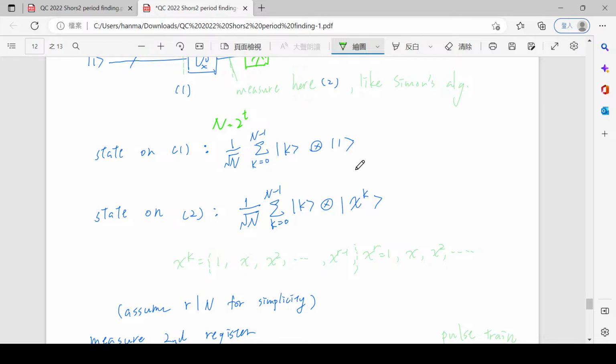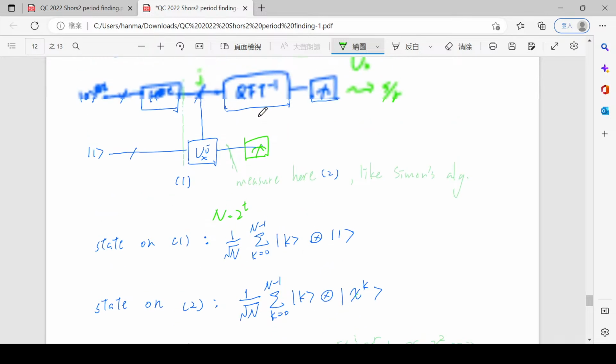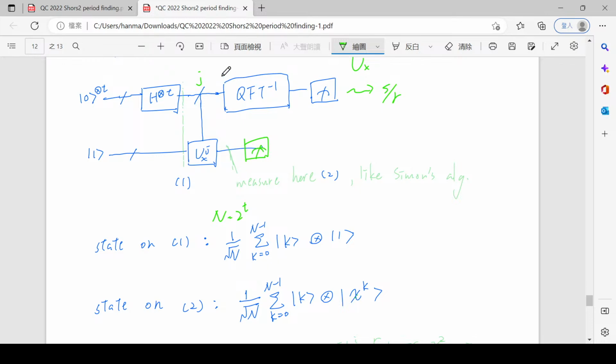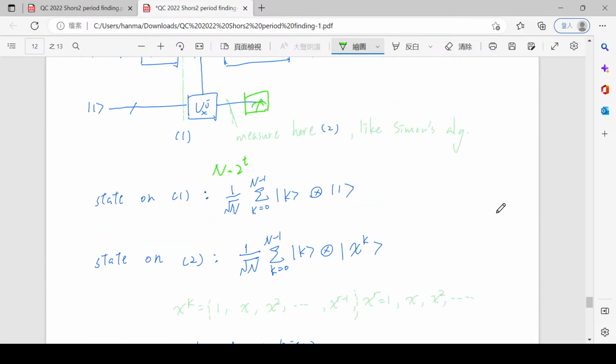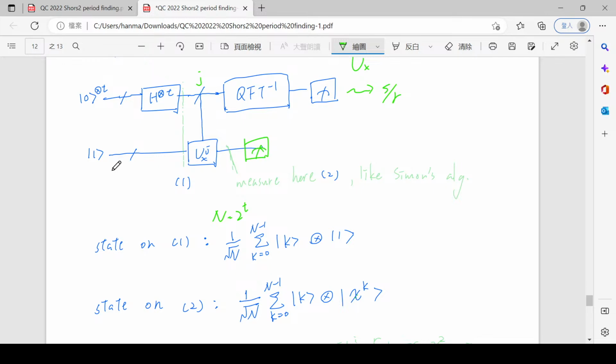Because that's what this unitary does, multiplying something with x. You multiply 1 with x, it's going to be x, and you multiply 1 with x squared, it's going to be x squared, etc. So basically you are just going to get x to the kth power here, right? Do you follow? So you have k here, and then you will multiply by x k times, so that's just x to the kth power. So that's the state we get after we apply this. Okay. And now we need to think a little carefully before we do the measurement here.